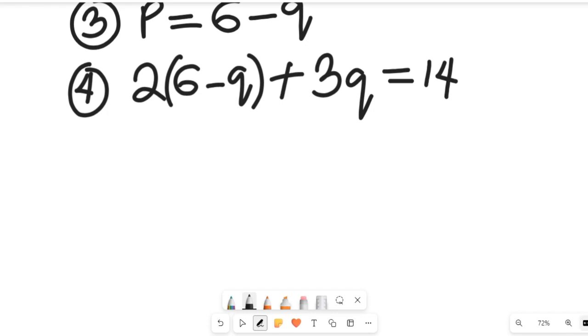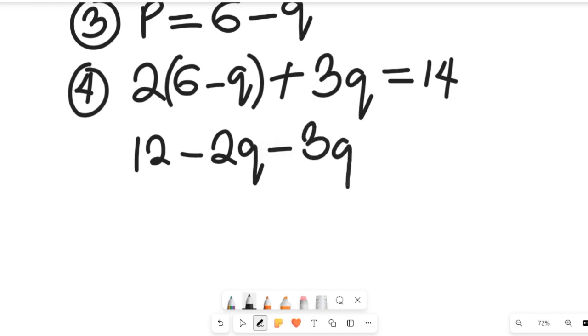So if we expand this, we have 6 times 2 will give us 12. 12 minus 2q plus 3q, and this will be equal to 14. So what do we do from here? This is going to be plus 3q. So we'll have minus 2q plus 3q is going to give us q.